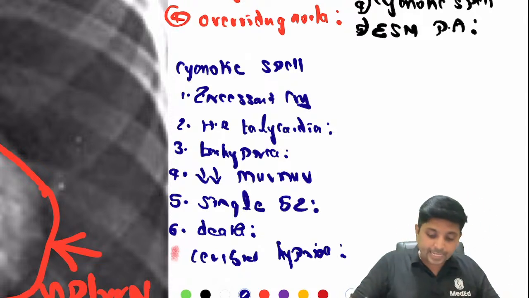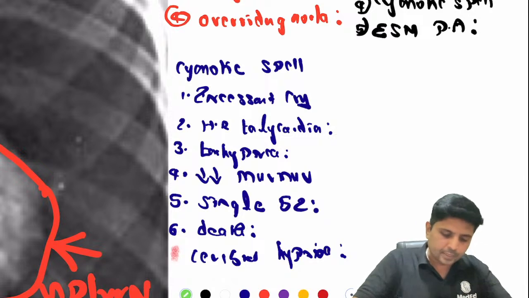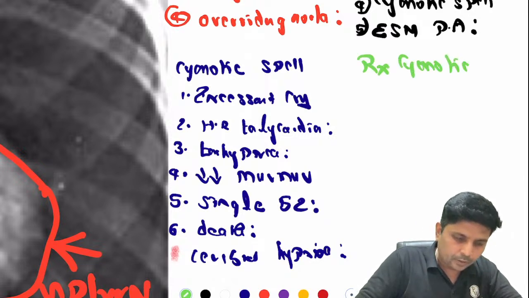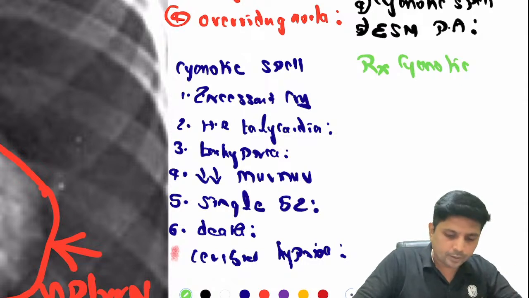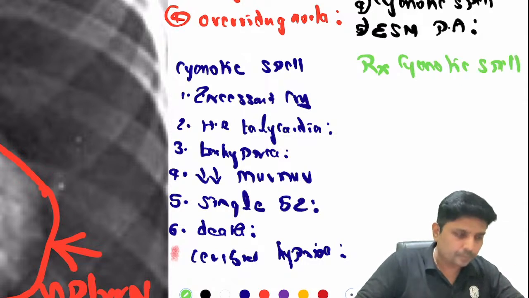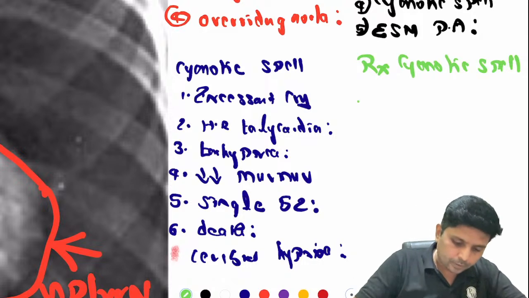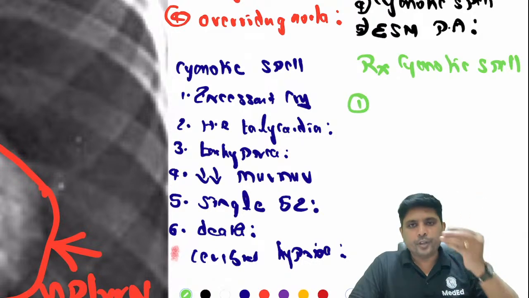So what is the treatment for cyanotic spell? One, you need to give oxygen.